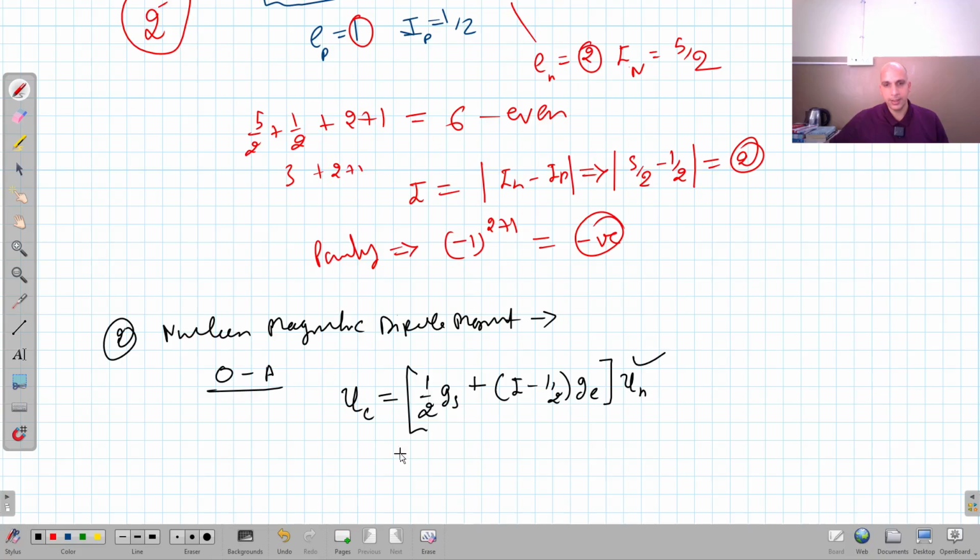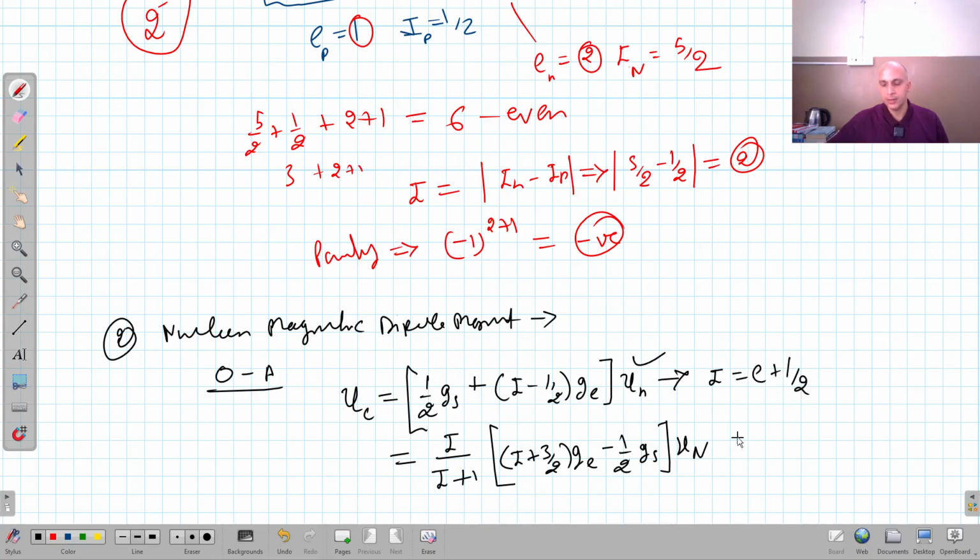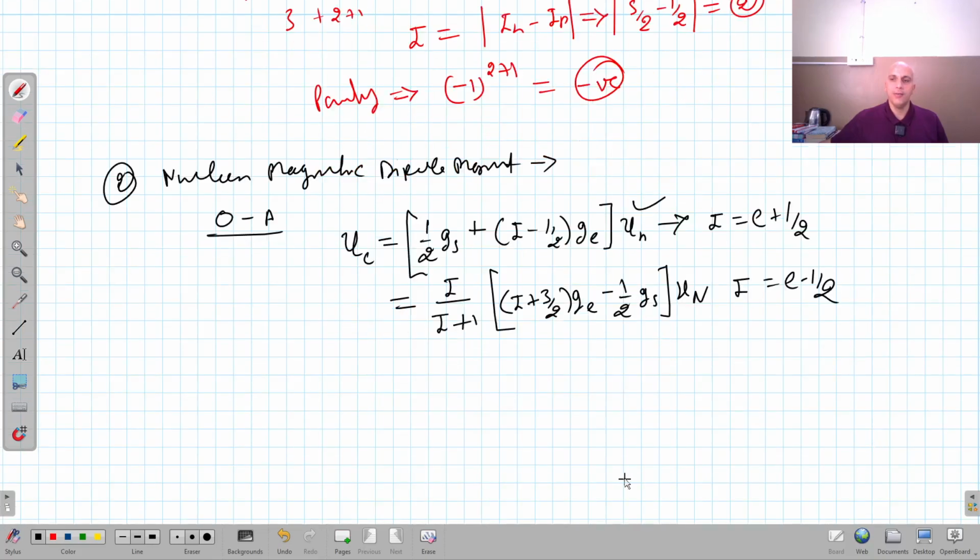And second situation is I upon I plus 1 bracket I plus 3 by 2 into g_L minus 1 by 2 g_s bracket close, nuclear magneton. This is for I is equal to L plus 1 by 2, and this is for I is equal to L minus 1 by 2.